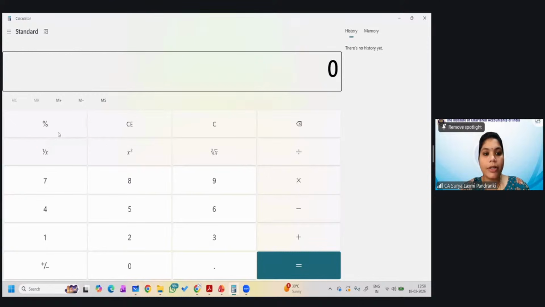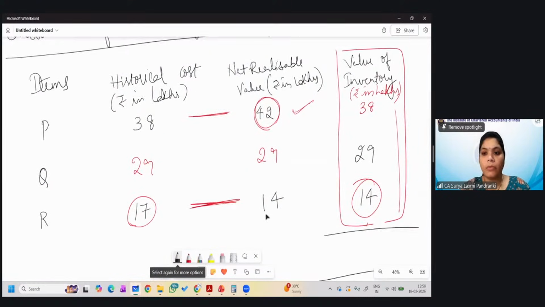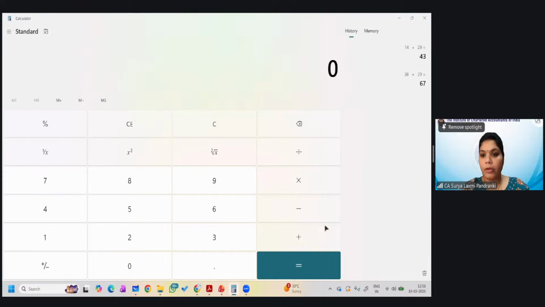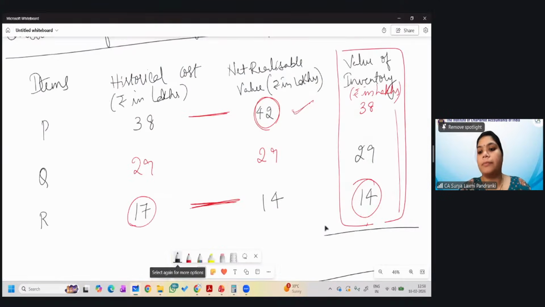Let us total all the 3. 38 plus 29 plus 40, 81.